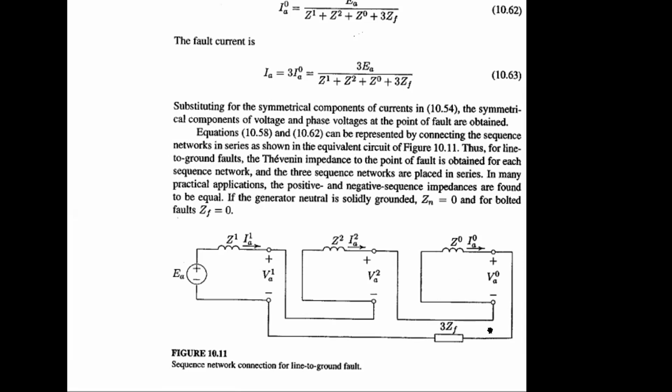And also 3ZF is through this path. So they are in series, and you will have the current IA naught. This current IA naught will have the EA source. So this equation can be drawn in the circuit in this orientation.